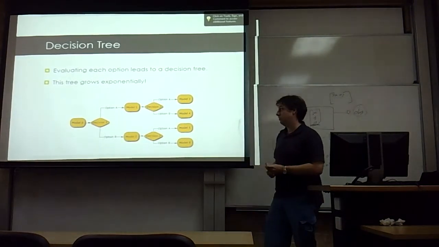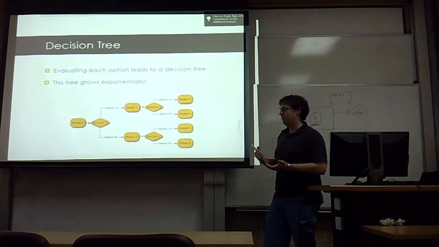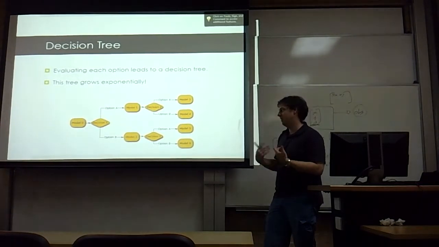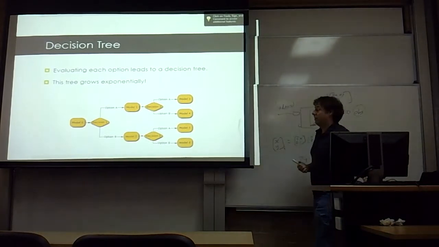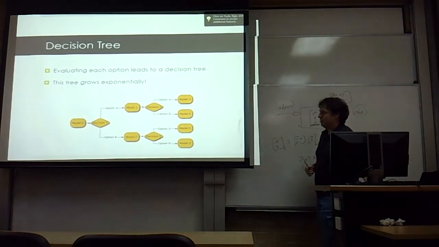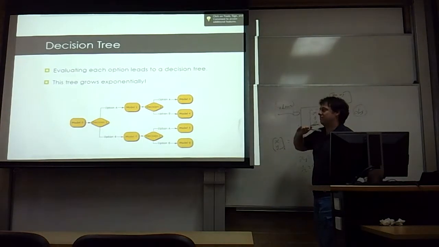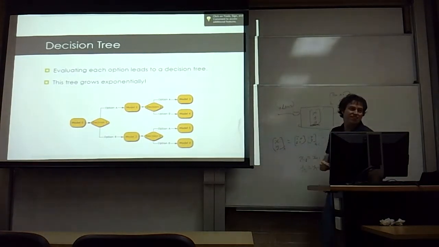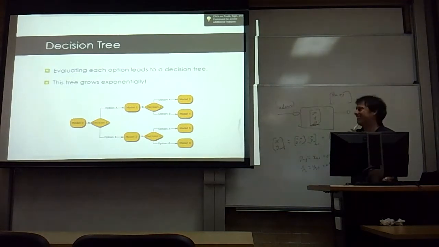So by doing this, you can evaluate all the possibilities, and then later decide which one was the most correct. The problem with this is that the tree grows exponentially, and so we need to get rid of some of them, or else we'll just kill the robot.